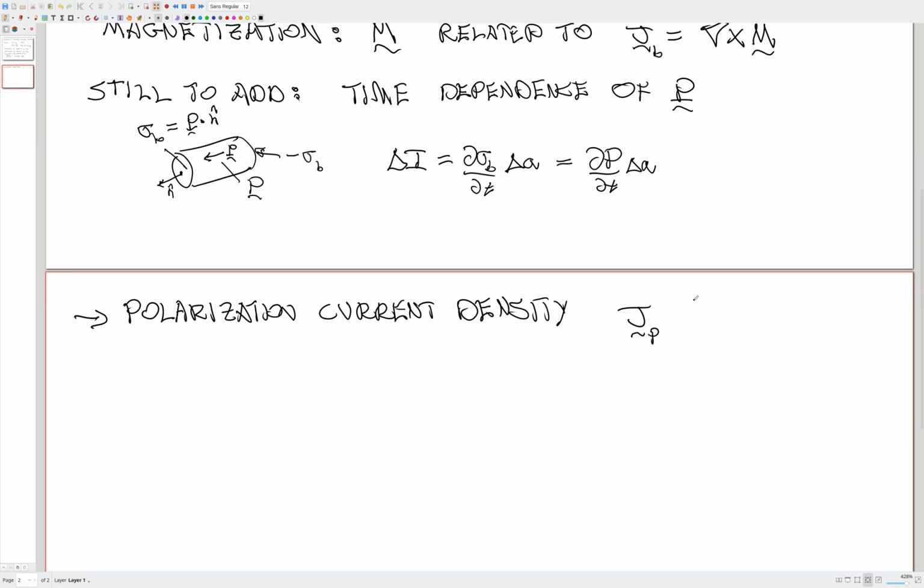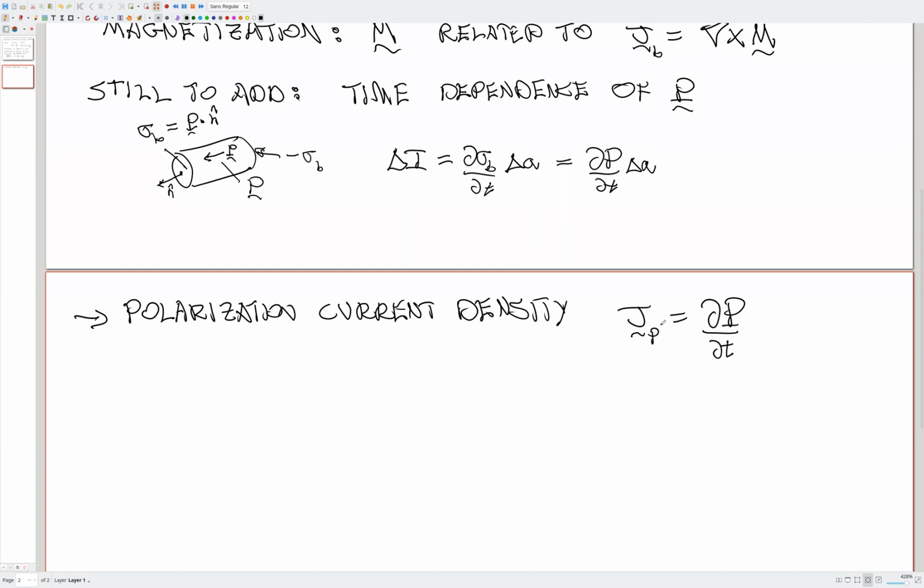Well, you'll see why it's unfortunate in a second. And this is the time derivative of your polarization. So while you're changing the polarization, where the polarization is, there is a current. And of course, when you stop changing the polarization, this current stops. So this is a real physical current, and in the presence of matter, we'll want to distinguish it once again from the free current that you're actually putting in with wires and whatever other means you have at your disposal in the lab.